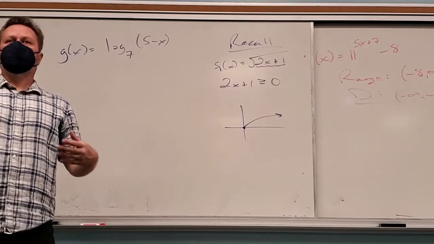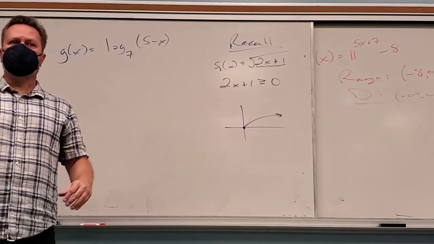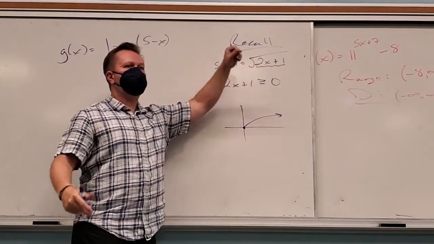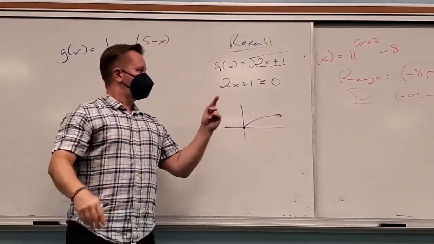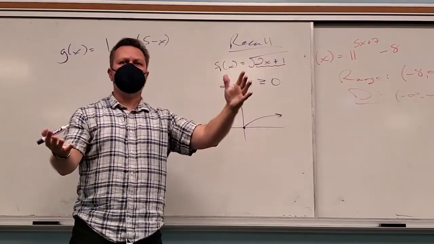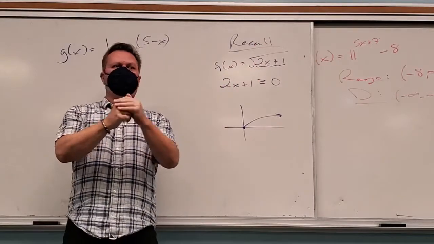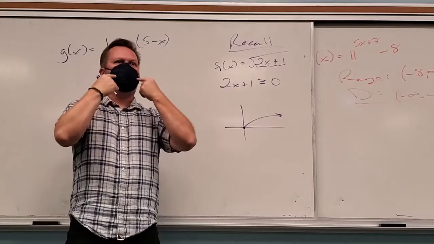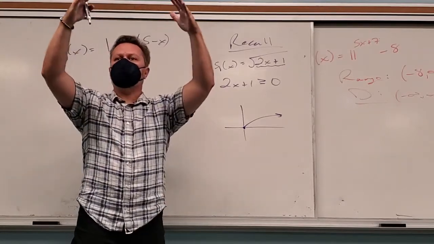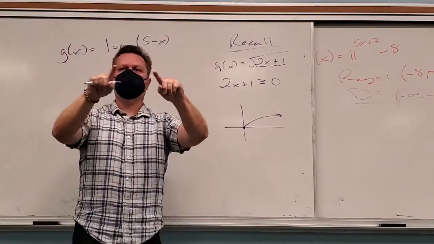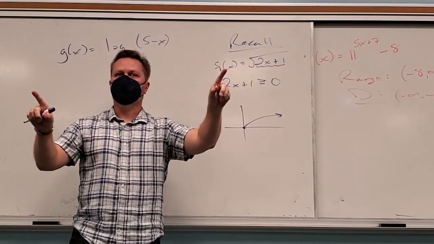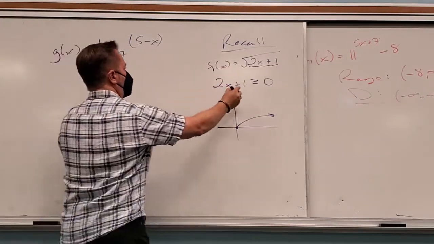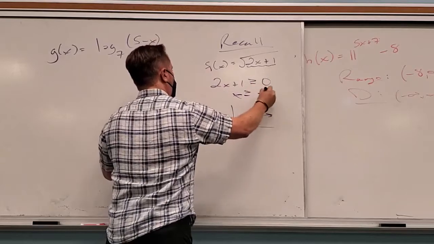You say to yourself, what can't happen or what must happen? Well, the inside, whatever that number is, has to be at least 0. So you write that mathematically, and then you solve that. Finding any domain is that simple. Say to yourself in English what must happen or what can't happen, and then write what you just said in Mathish, right? So for example, again, x is greater than or equal to, subtract 1, divided by 2, bam.